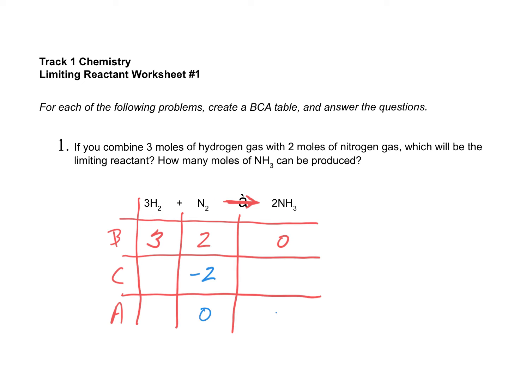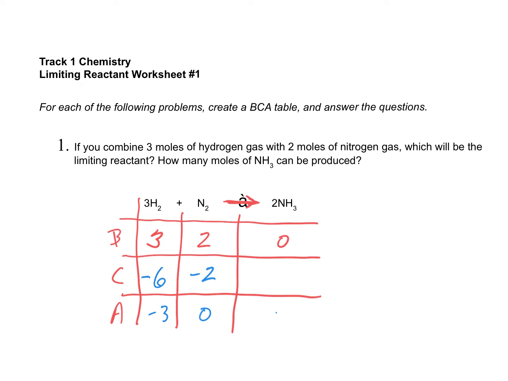In other words, if I'm given 2 nitrogens, I'm going to need 6 hydrogens. And that is impossible. There's no way that I can take 6 hydrogens out of the 3 that I'm starting with. That's impossible. I can't end up with minus 3 hydrogens.